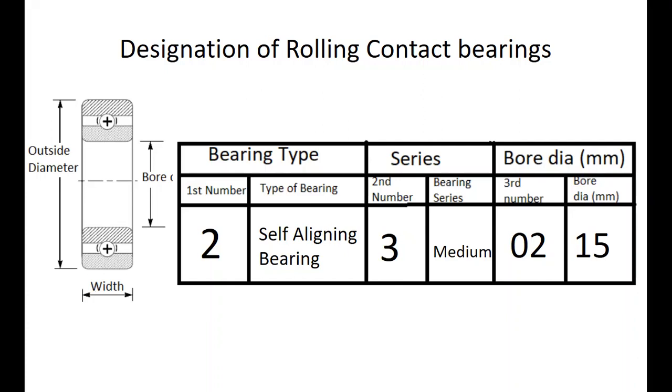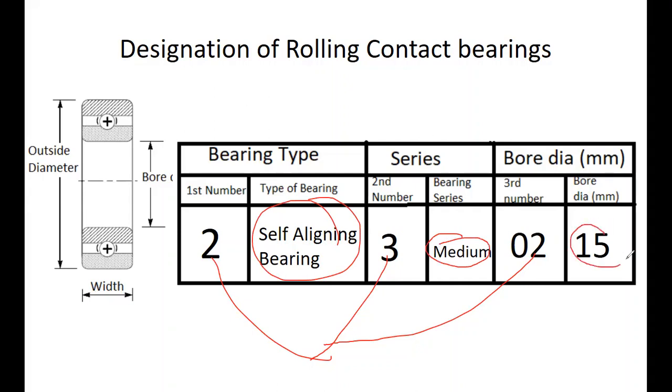So the 2302 bearing is a self-aligning bearing with medium series and bore diameter 15 mm.